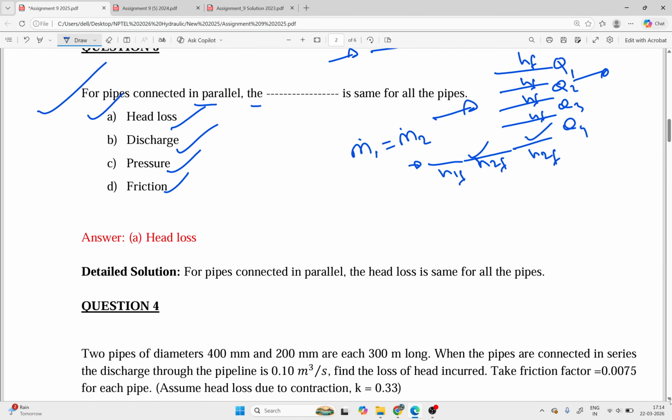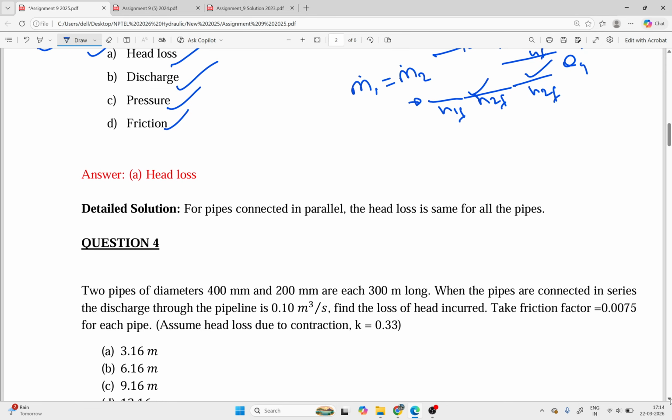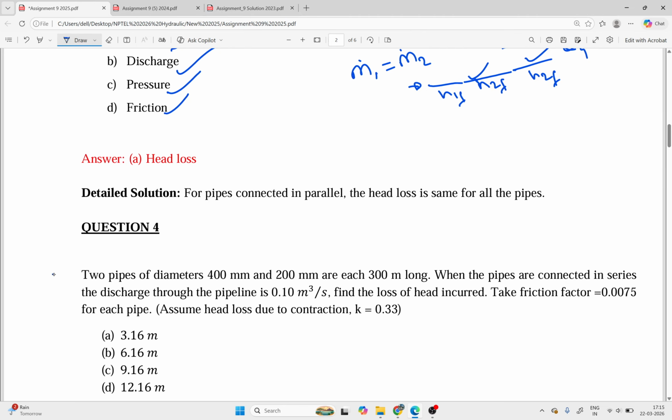Now, here you have one numerical, very interesting. Two pipes of diameters 400 mm and 200 mm are each 300 meters long. When the pipes are connected in series, the discharge through the pipeline is 0.1 meter cube per second.